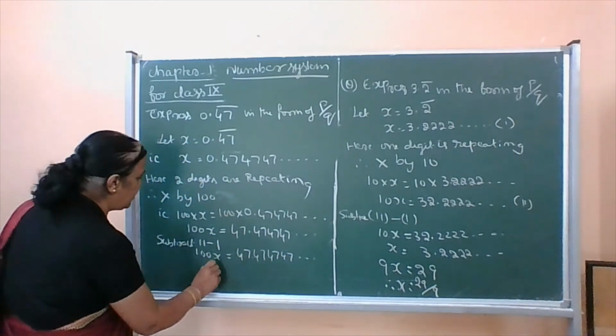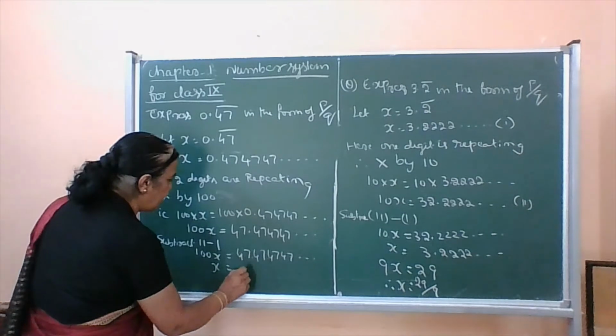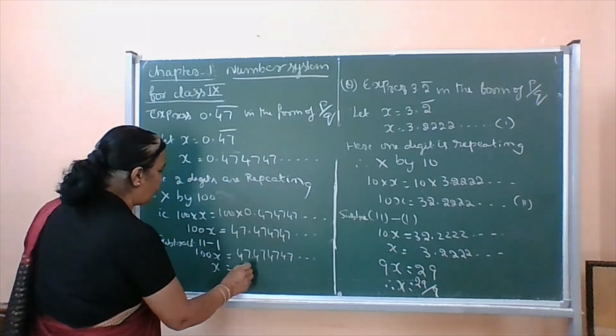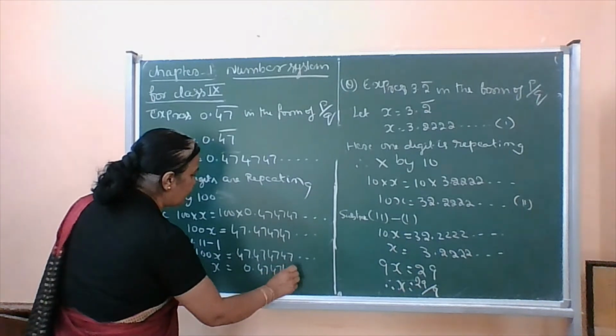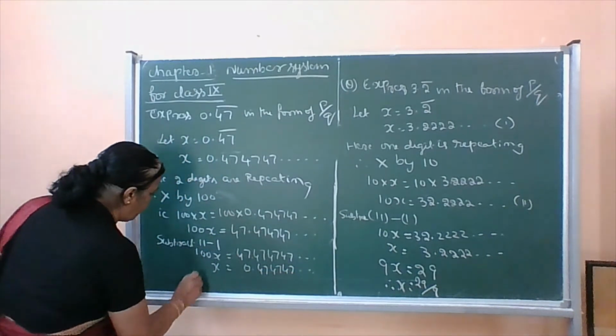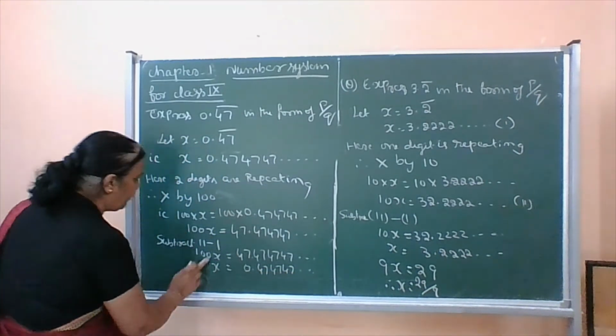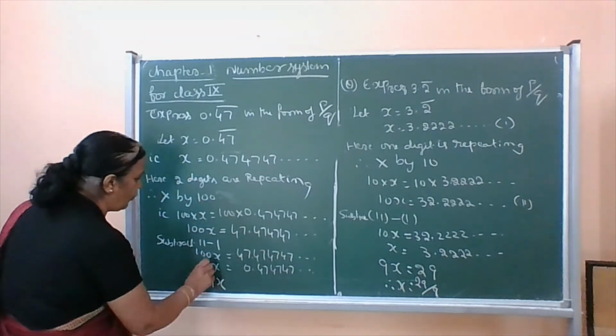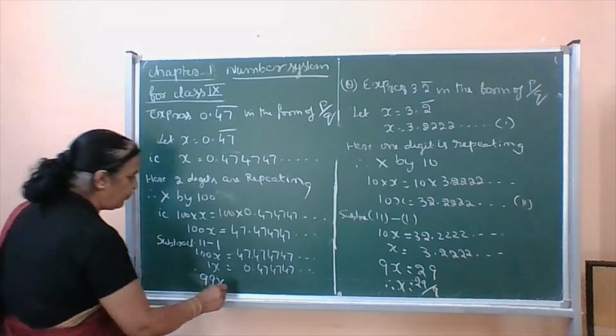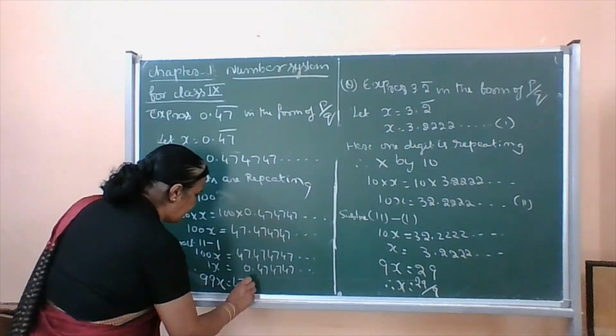And here it is x is equal to 0.474747 is repeating. Therefore, this is 100x minus x is 99x. X means it is 1x. This is equal to 47.